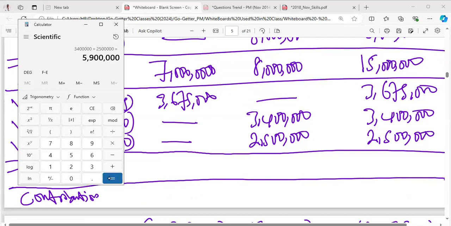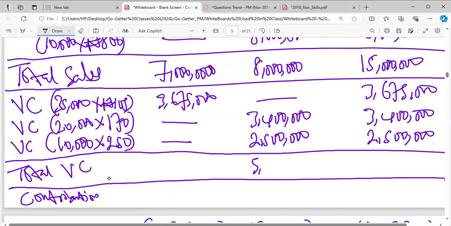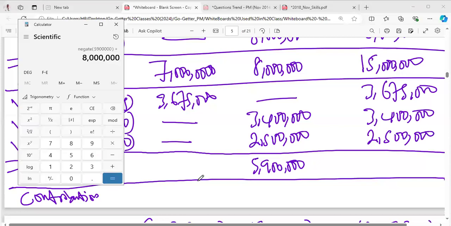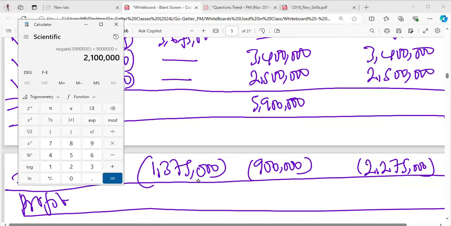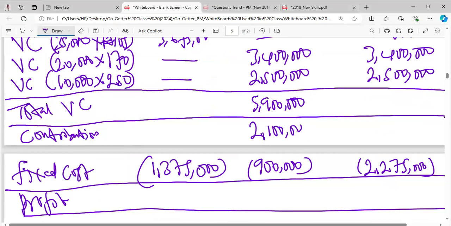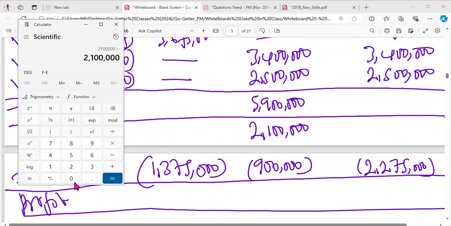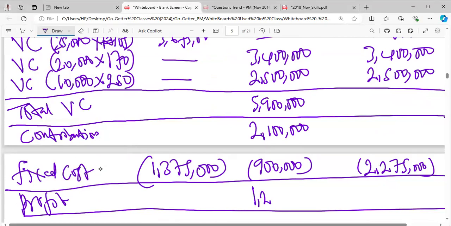This is 5,900. If I take away 5,900 from 8 million, that will give me 2,100, which is what we got before. And if I take out 900 from it, I'm getting my 1,200 back. This never changes.